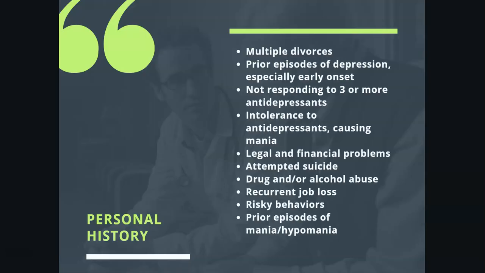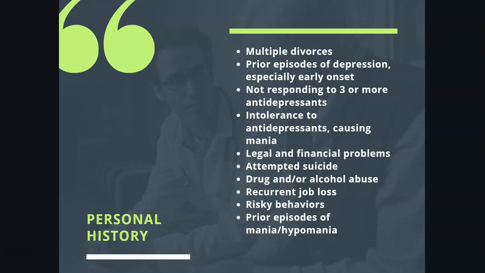So their personal history when they come in, they usually have had multiple divorces, episodes of depression, usually starting early. They've tried 3 antidepressants and none of them have worked, or they can't tolerate antidepressants because they cause mania. They may have legal or financial issues.